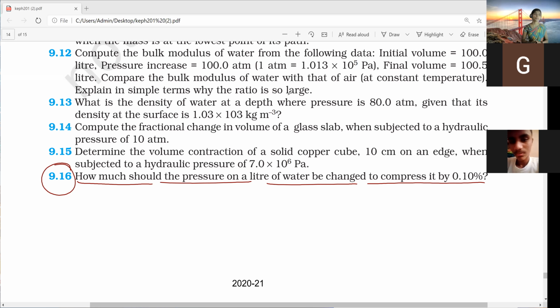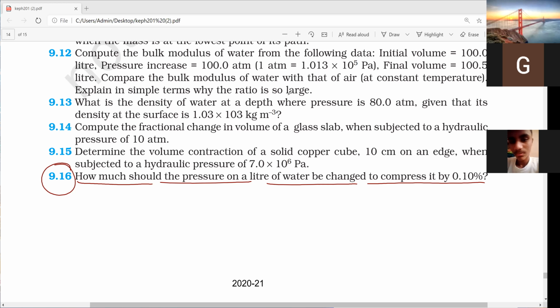So this is very simple. Like this problem they will ask for 2 or 3 marks. So they ask the question: how much should the pressure on a liter of water be changed to compress it by 0.1%?